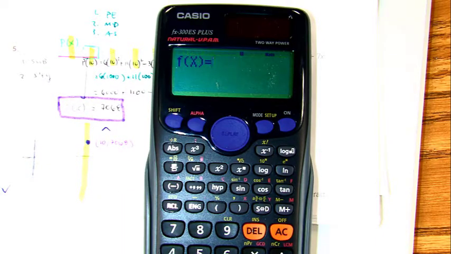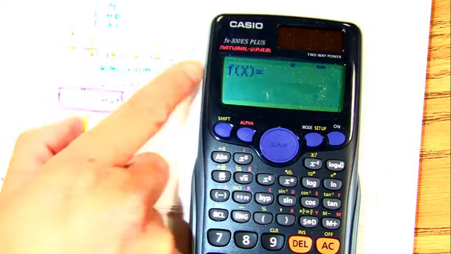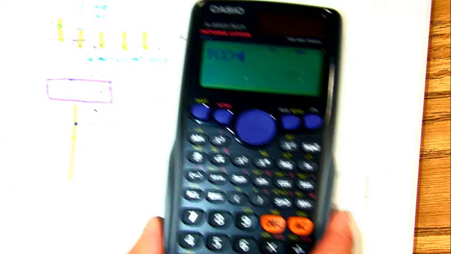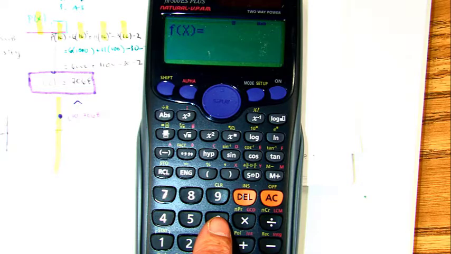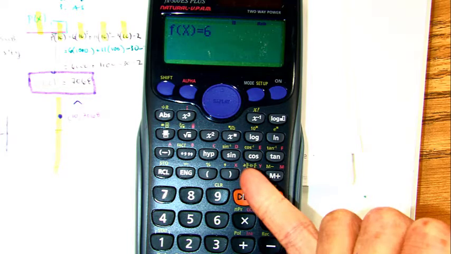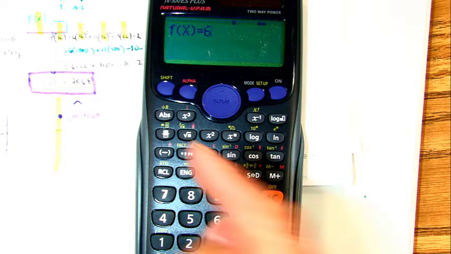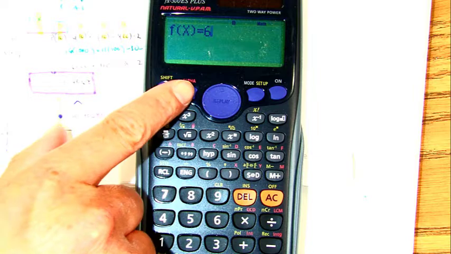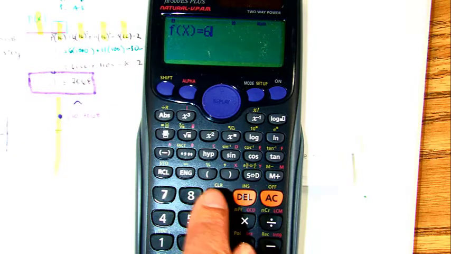And what I'm going to do is type in this really big function that we talked about. So to get to the calculator commands, that'll be 6x. X is above the delete button in red. So if that's in red, I have to press red first. So that'll be alpha, close parentheses.